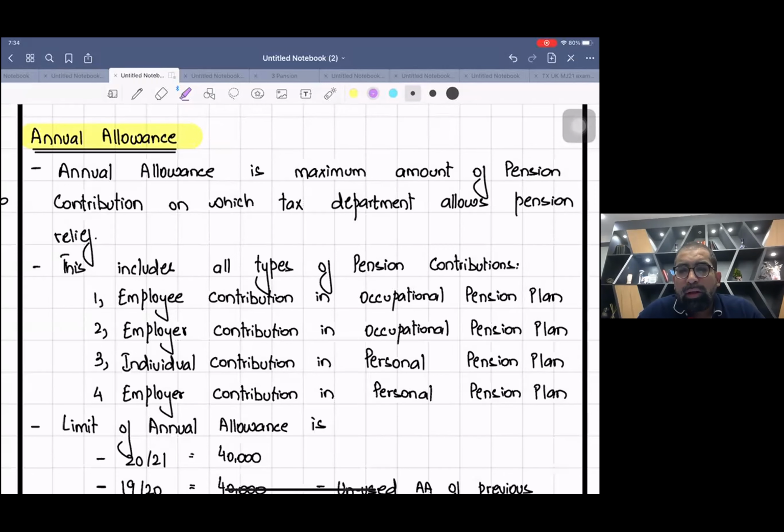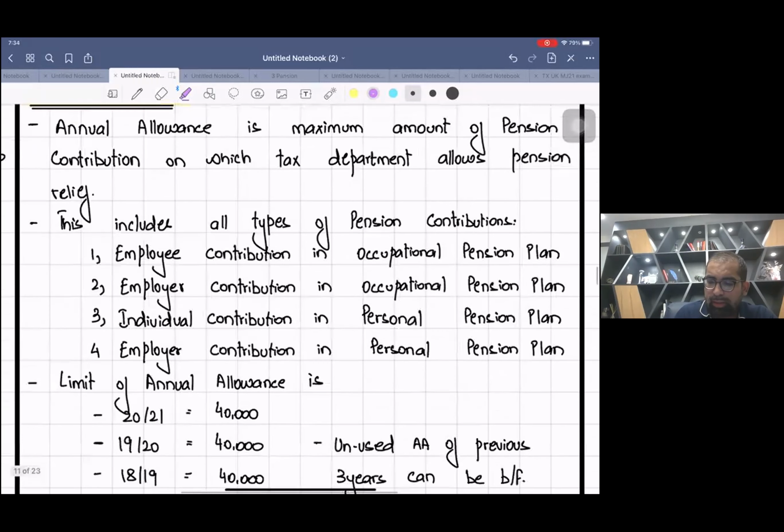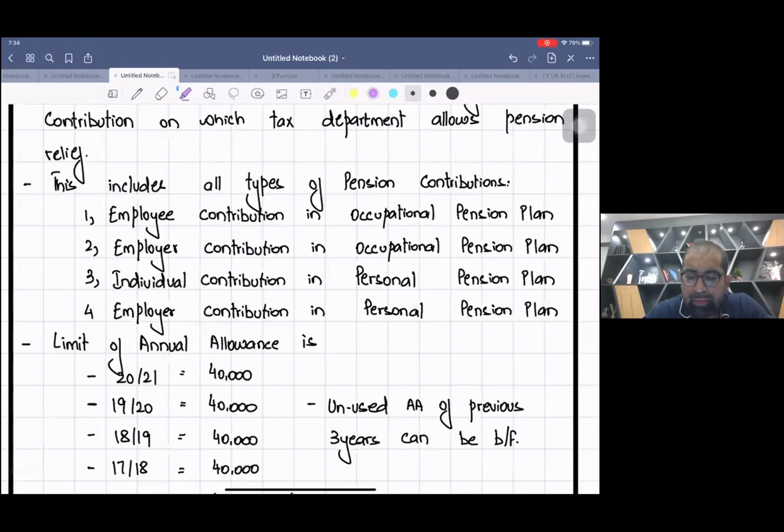Now this includes all the reliefs we take. If the employee himself or herself contributes to his own occupational pension scheme, he gets relief through allowed expense. If your employer contributes to the occupational pension scheme, we get relief through exempt benefit.